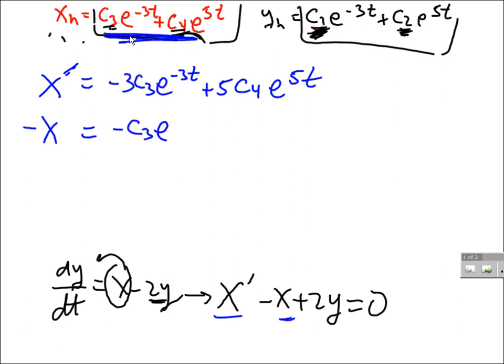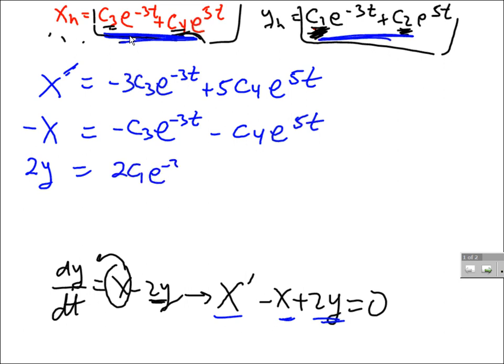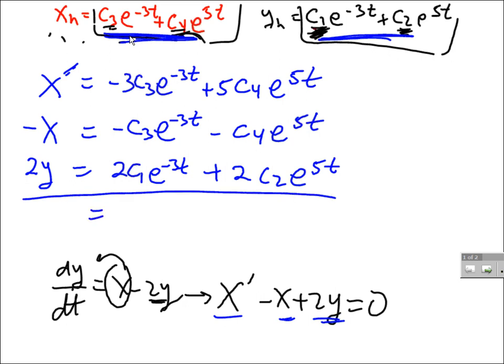Minus c3 e to the minus 3t minus c4 e to the 5t. And I have to add on 2y. So I double y. I get 2c1 e to the negative 3t plus 2c2 e to the 5t. And when I add up the left-hand side, which will be this, I'm going to get what it equals. Equals 0.